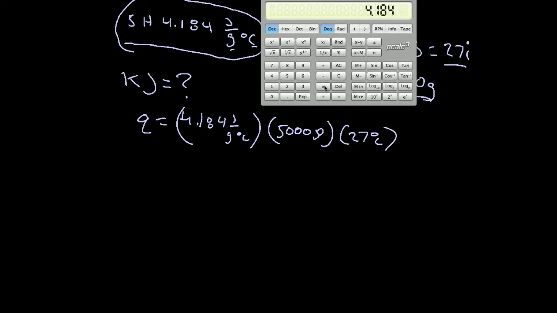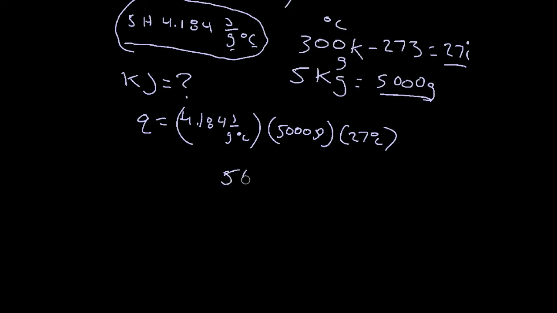Alright, grab your calculator. 4.184 times 5,000 times 27 equals 564,840 joules. We need to put that into kilojoules. So for every 1 kilojoule, we have 1,000 joules.